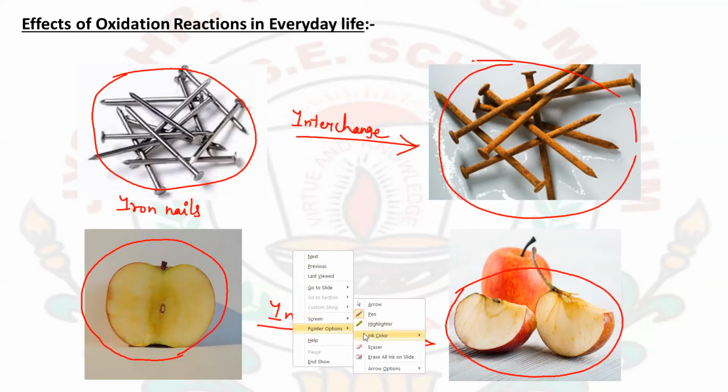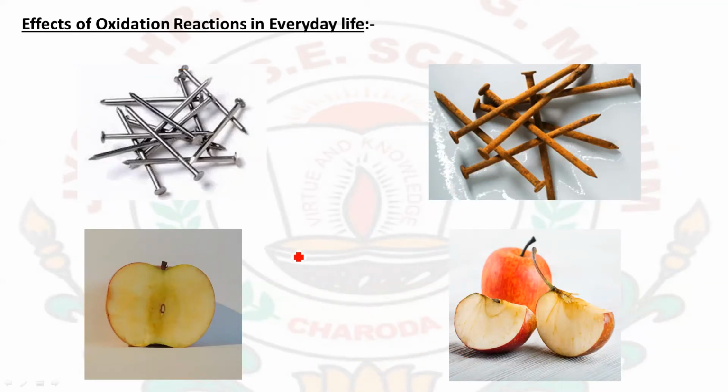This is nothing other than the oxidation reaction. Here the iron nails are getting oxidized and forming this brown colored layer. Also, the inner skin of the apple is getting oxidized and being converted into reddish skin like this.